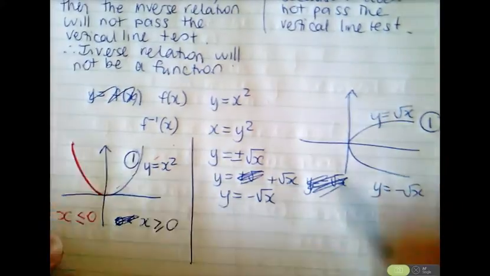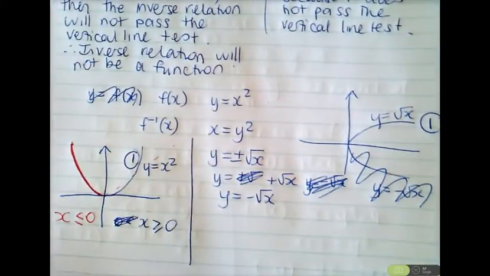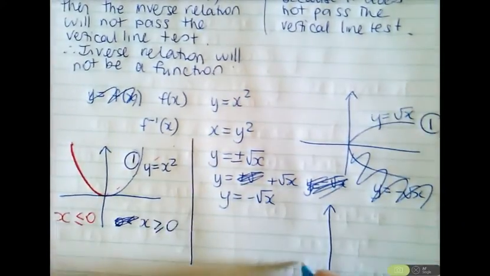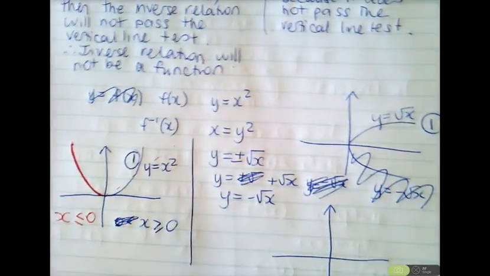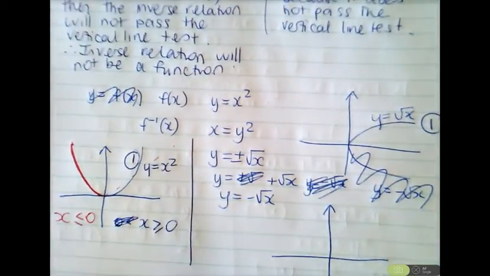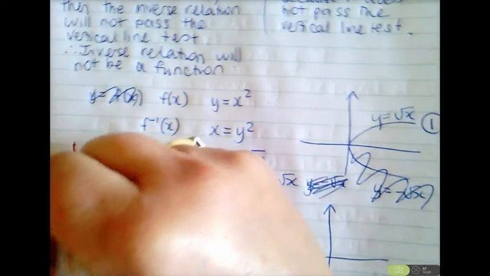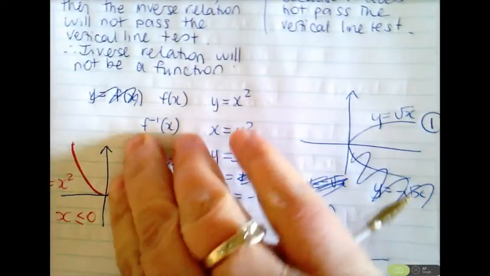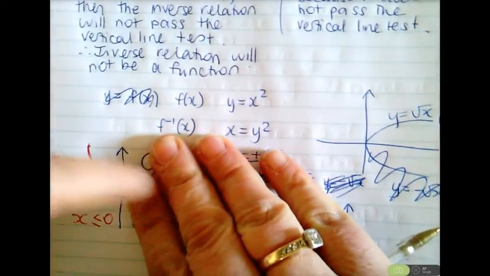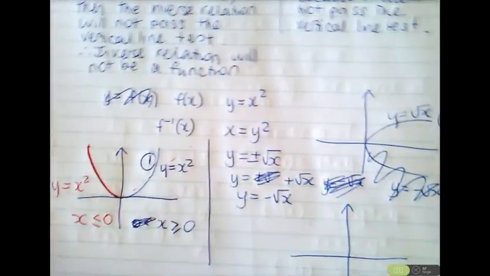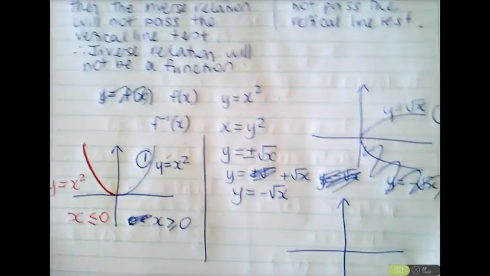All right, I might just get rid of this and draw it on another graph. If I look at the red bit only, so if I look at y equals x squared for x less than or equal to 0 and disregard the rest, that passes the horizontal line test. So therefore the inverse will pass the vertical line test.